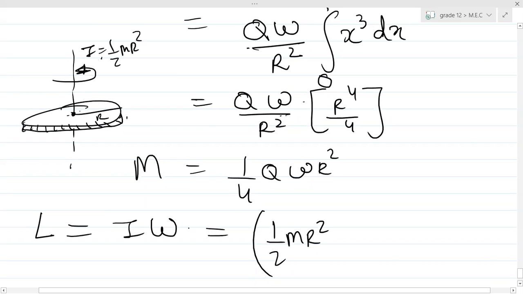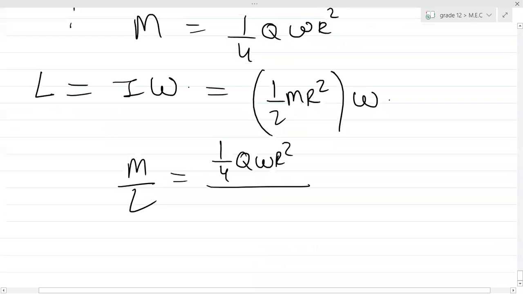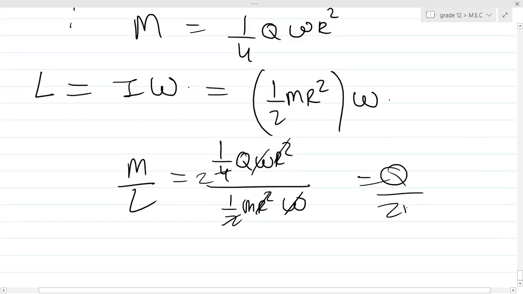If it was a ring, it was mr square. If it was a disk, half mr square. So can you see again, guys? M by L is basically 1 by 4 q omega r square divided by half mr square omega. So can you see, guys?